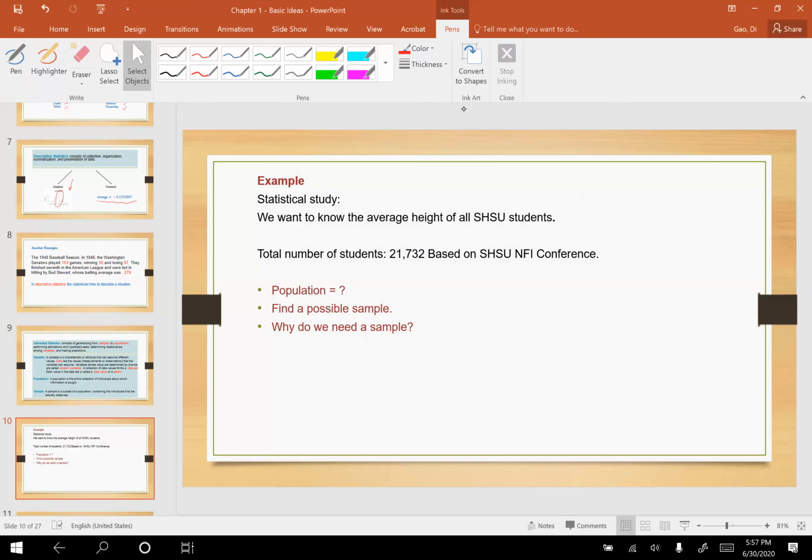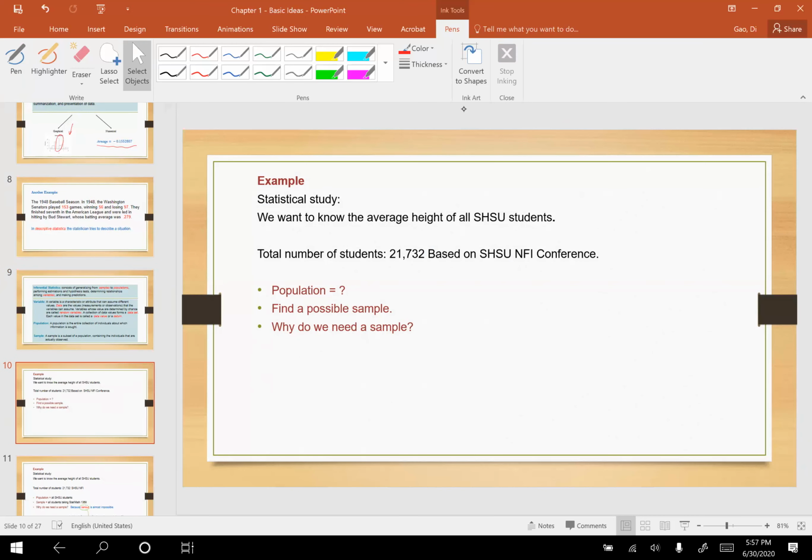Now let's look at an example. A statistical study we can look at is if we want to know the average height of all SHSU students. The total number of students, based on information from a conference I attended at SHSU, was at that time 21,732 students.